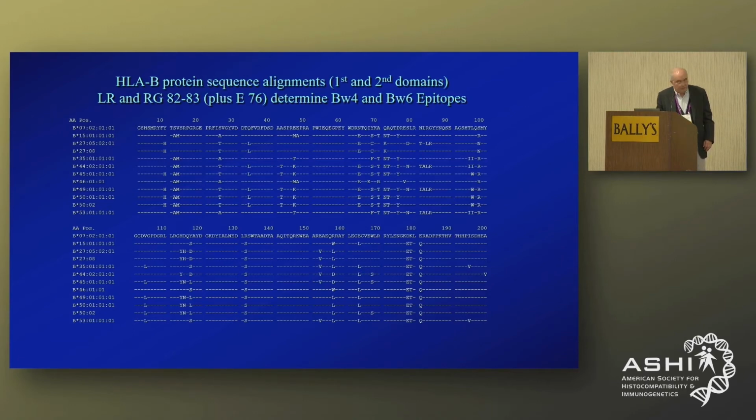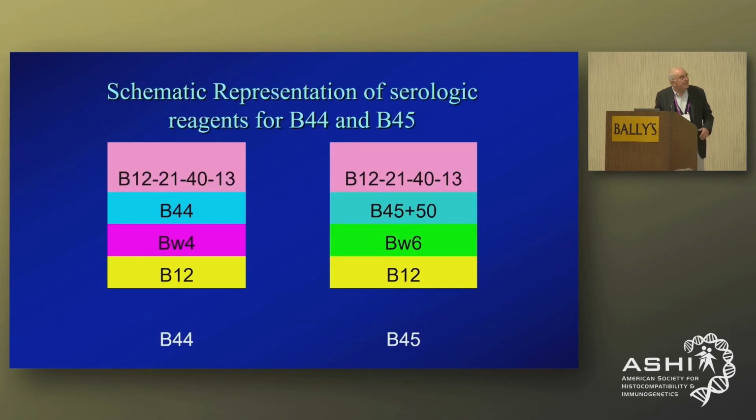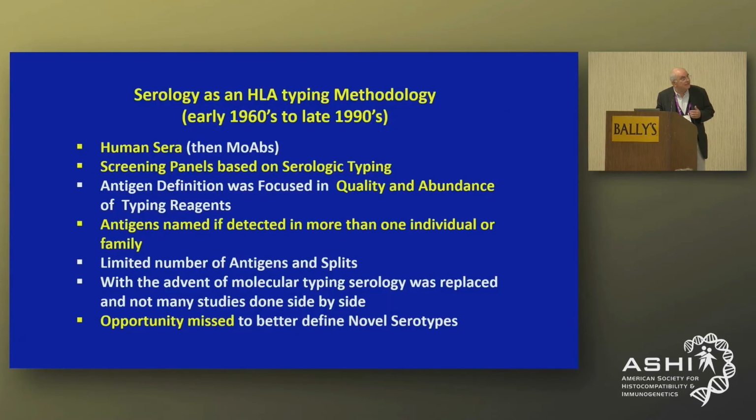And with this, we would have some alleles that may be negative for either Bw4 or Bw6. We know that many epitopes were mapped over time, and that an HLA antigen is bearing many different epitopes that can distinguish them.